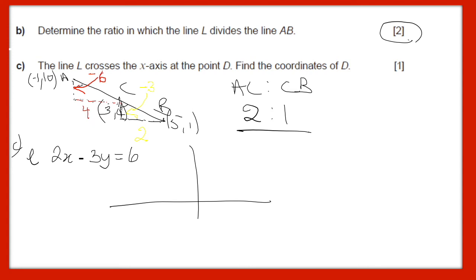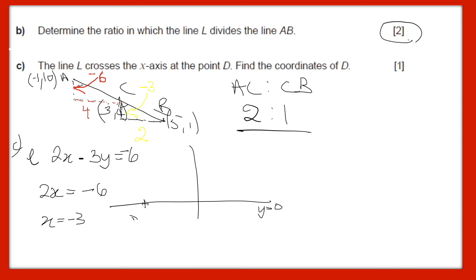Now the x-axis, of course, is the line y equals 0. So all I've got to do in this particular case is let y equal 0, and we all know that 3 times 0 is 0, so therefore 2x is equal to minus 6, because remember I changed that on the first slide, x is equal to minus 3.